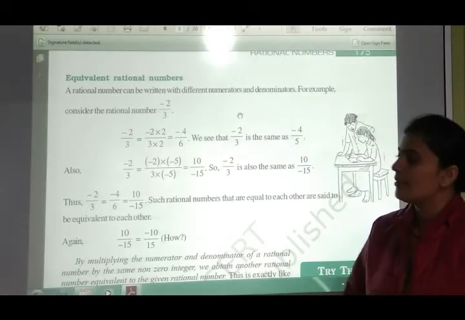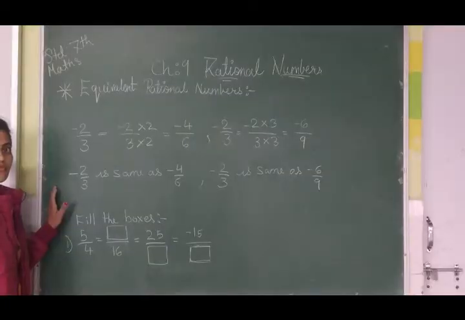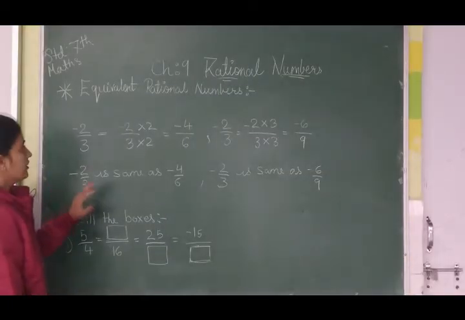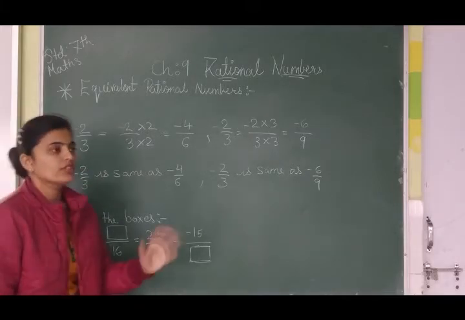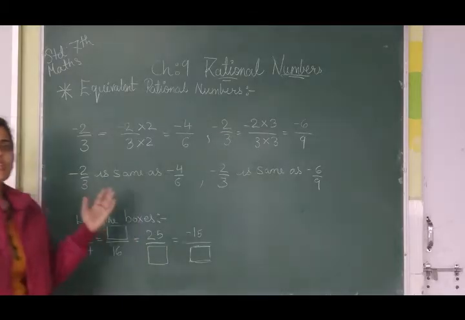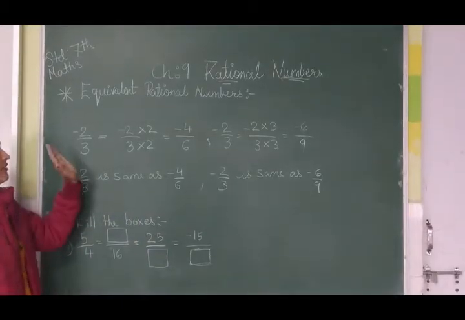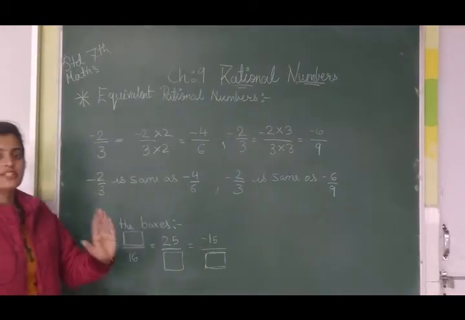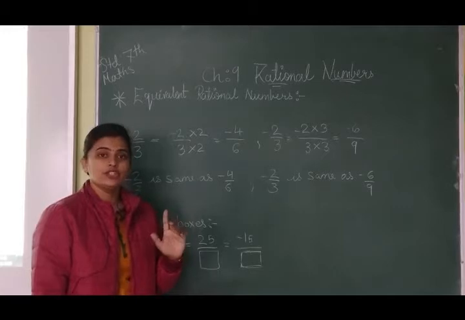This we will see on the blackboard. Equivalent rational numbers. Here the example is minus 2 by 3. Now we want to find equivalent rational numbers of minus 2 by 3. The same way we did for equivalent fractions, the same thing we have to do for finding equivalent rational numbers. We have to multiply the numerator and the denominator by the same number.